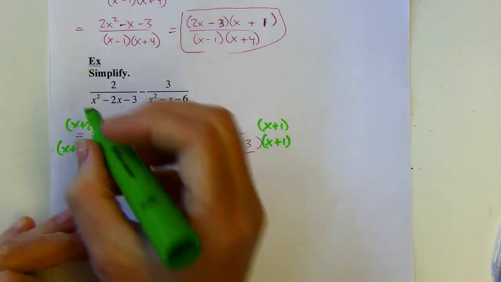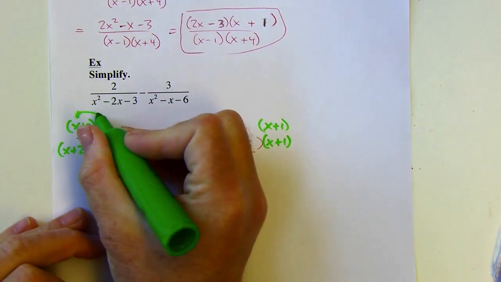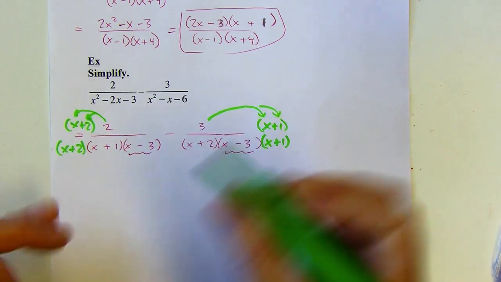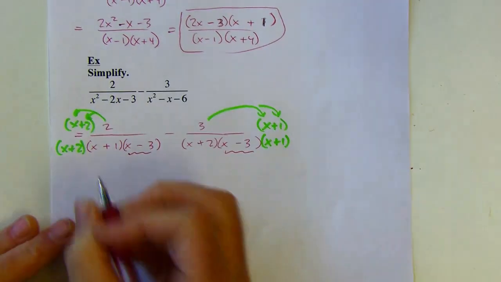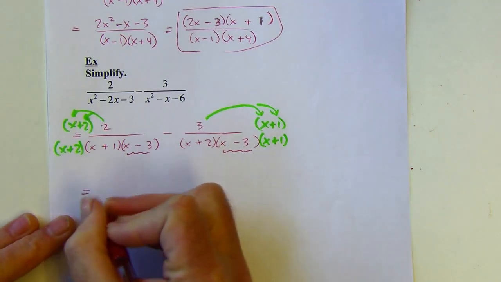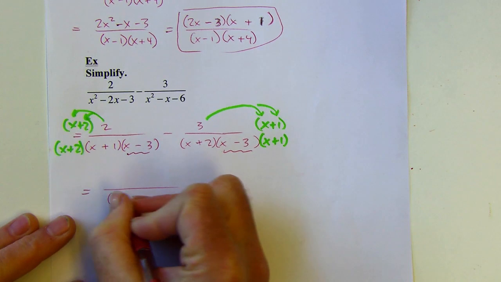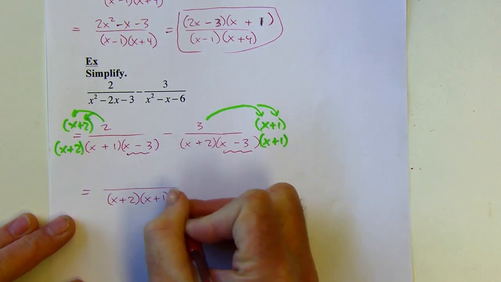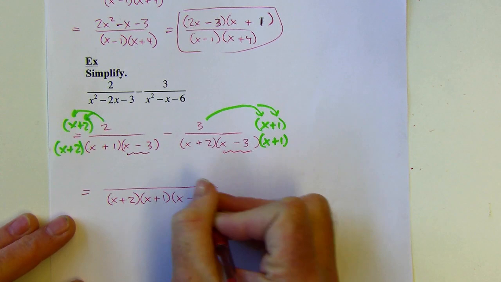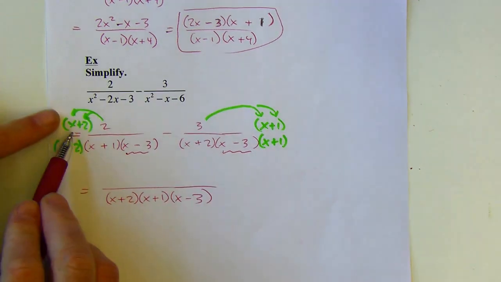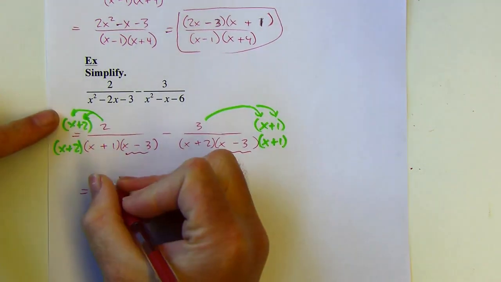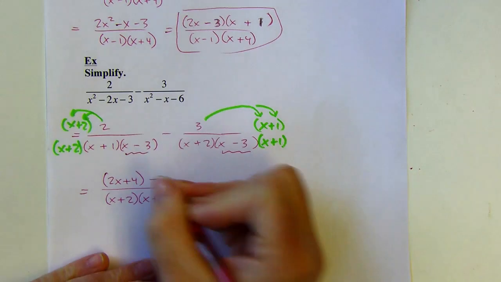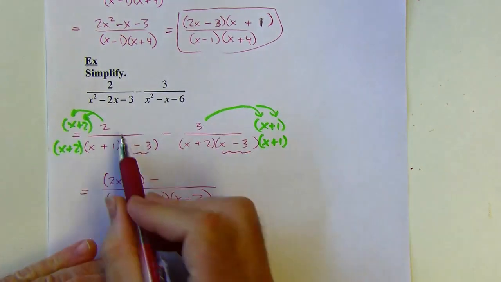Okay? And then, so I'm going to clean up these numerators a little bit. I'm going to be distributing. Okay? This is all going to be combined now into one fraction. I'm going to leave the denominator factored. Okay, and then that first numerator is going to be 2x plus 4, the quantity 2x plus 4. And I am putting this in parentheses here because I'm subtracting these two things.